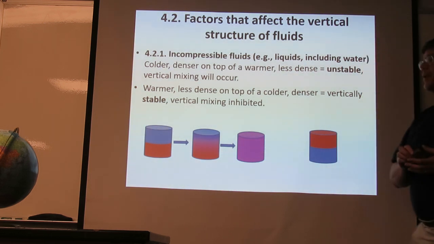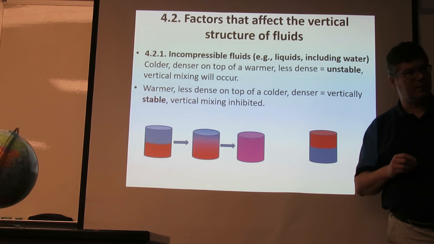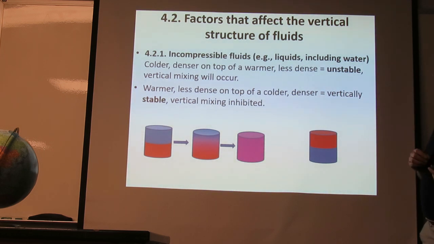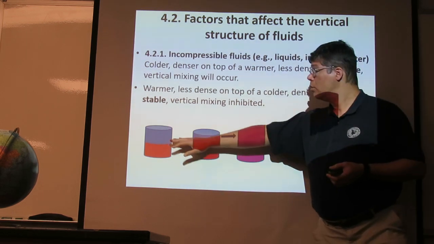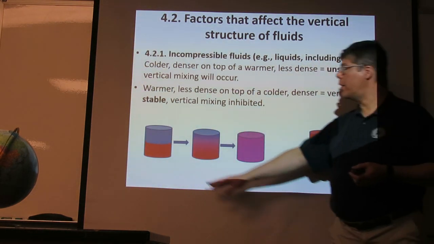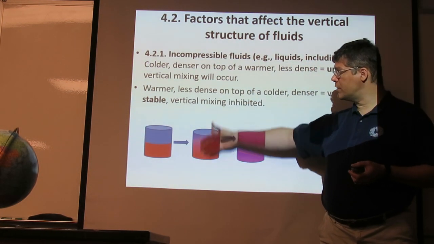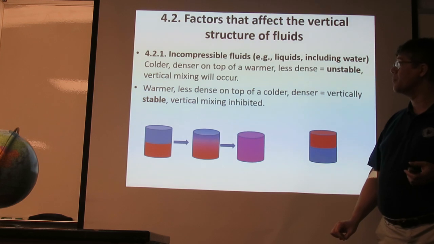Thinking about air moving up and down, well, let's go back to water. Water behaves a little bit more consistently than air, so we'll start with that simpler example. If we have cold, denser water on top of warmer water, all that cold stuff is going to sink, it's going to mix.